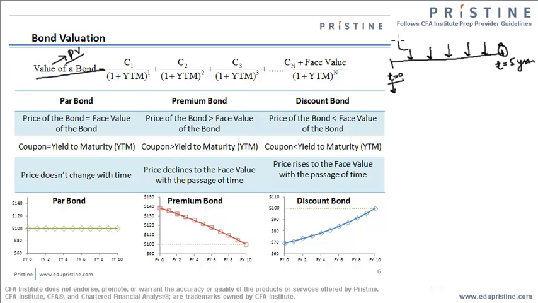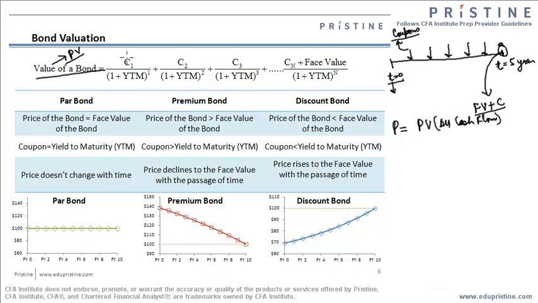These intermediate cash flows are called coupons, and this lump sum payment carries the face value plus the coupon. So whenever we ask what the price of the bond is, it is just the present value of all cash flows.